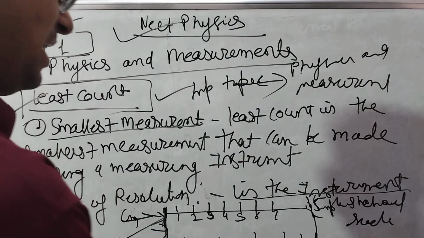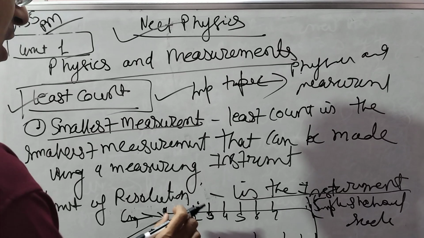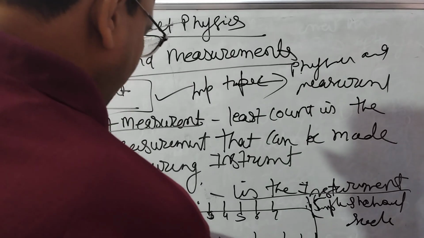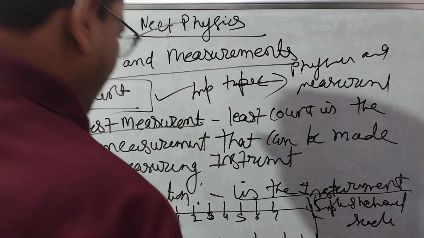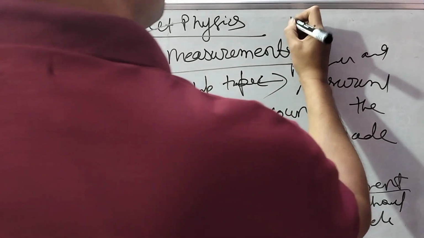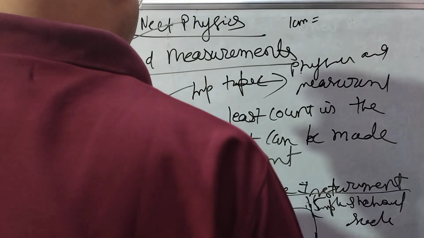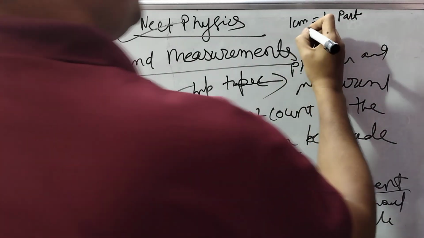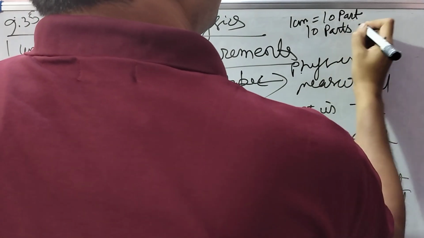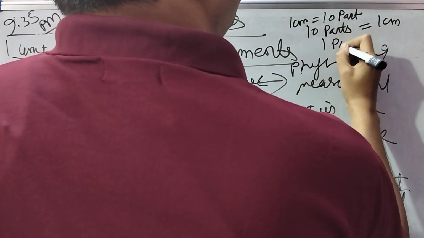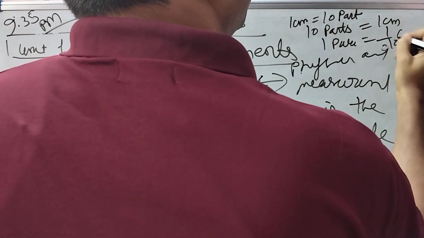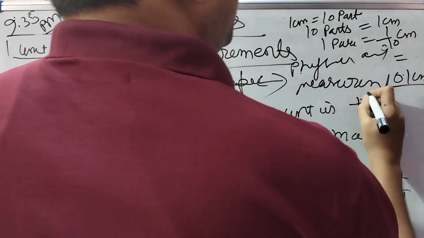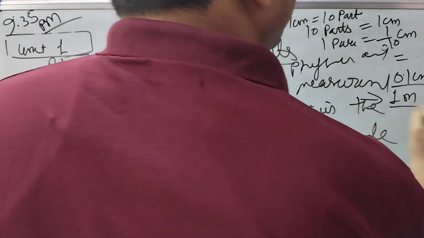On it there are 1 centimeter, 2 centimeters, 3 centimeters, up to 15 centimeters, and 1 centimeter is also divided into 10 parts. 10 parts equal 1 centimeter, so 1 part equals 1 by 10 centimeter, which is 0.1 centimeter. 0.1 centimeter is called 1 millimeter.